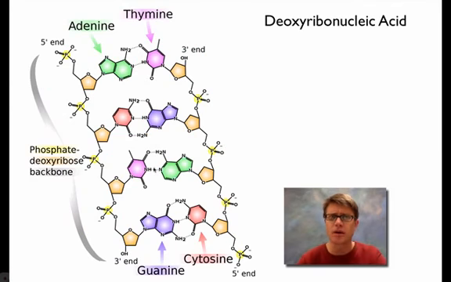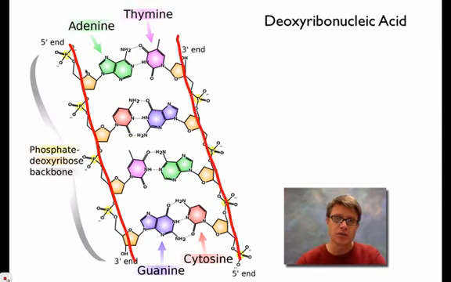Let's talk about some of the other large parts of DNA. If we look at the backbone, the backbone is going to be on this side and on this side, and DNA kind of looks like a ladder. In other words, if this is the backbone, then the rungs of the ladder are going to be the nitrogenous bases that go right down the middle.